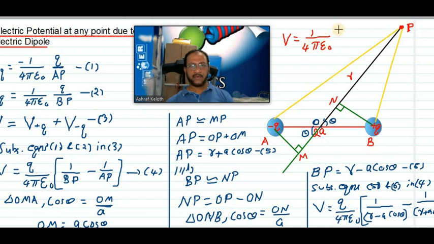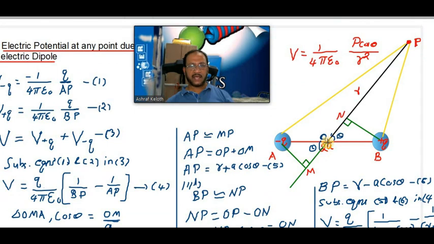For an ideal dipole, it is P cos theta divided by r square. The a square cos square theta term we neglected. So it is P cos theta by r square.